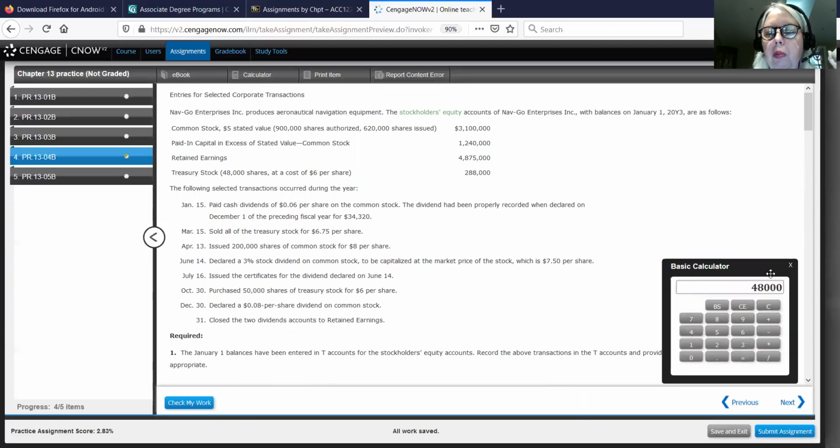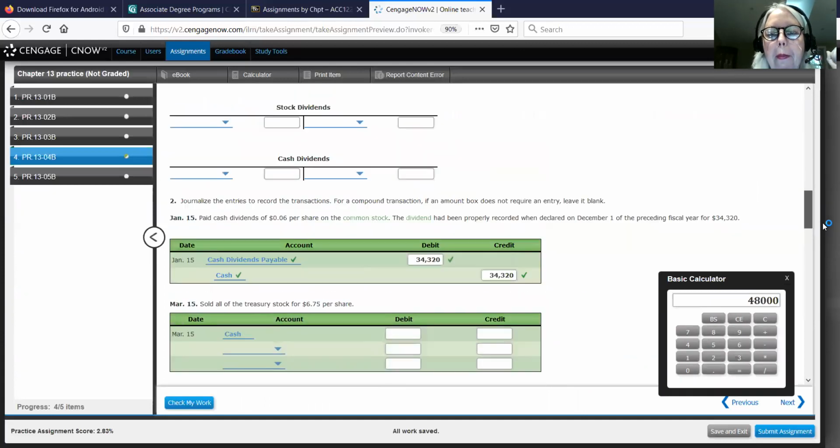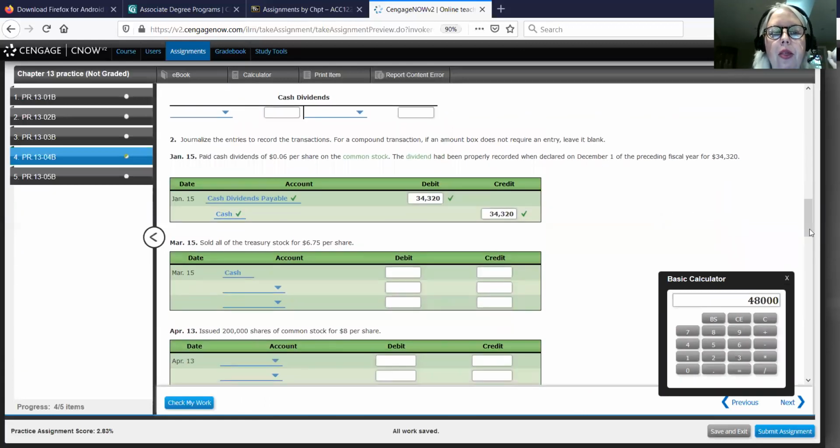I'm going to multiply this 48,000 by the price that we sold the stock for, which was $6.75.